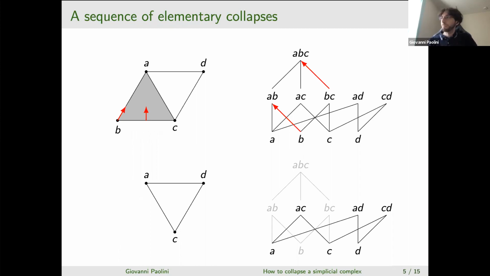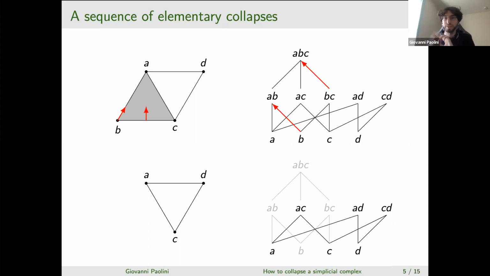So on the combinatorial side, on the right, what we have done is to choose some of the edges of the Hasse diagram of our face poset. So we chose the two red edges. These edges form a matching on our poset because two different edges cannot share the same simplex, because you cannot collapse the same simplex twice.